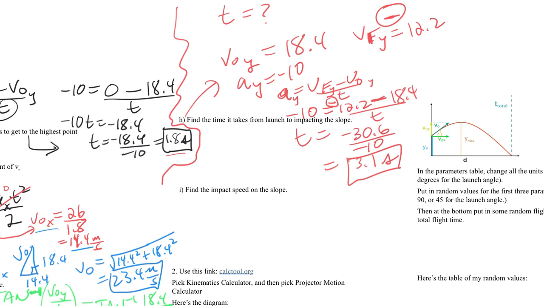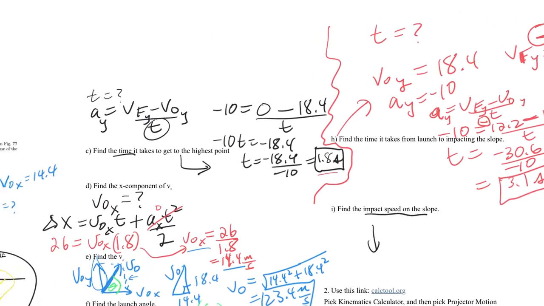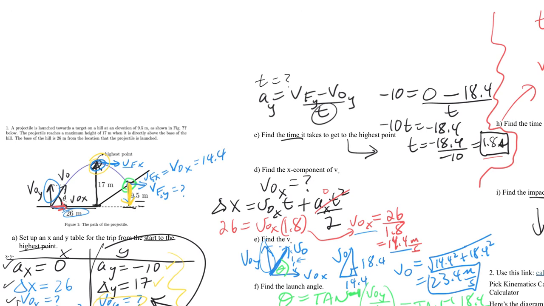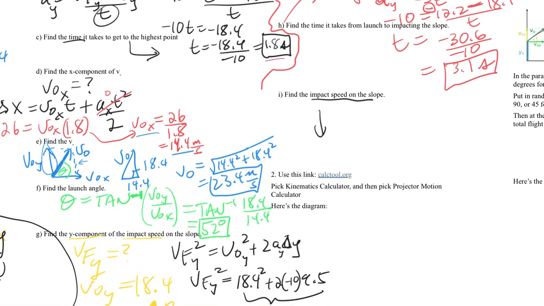Okay, and then finally in this problem, find the impact speed on the slope. Let's look at the picture. That'd be right here. That's VF right there, that black arrow. This is VFY, this is VOY. Actually, VFX, which is the same as VOX.